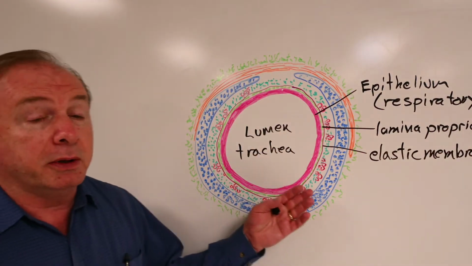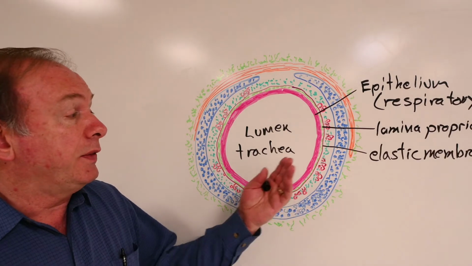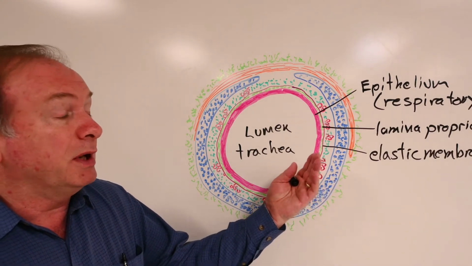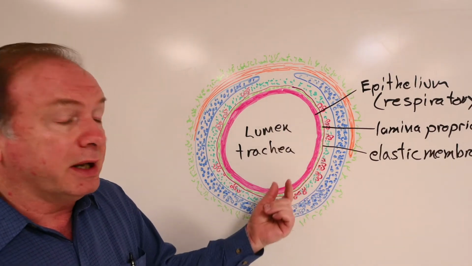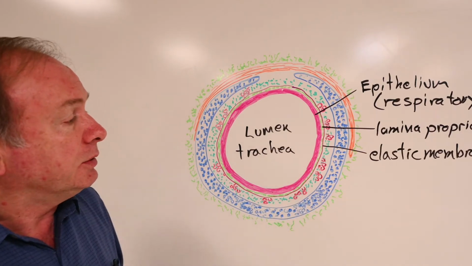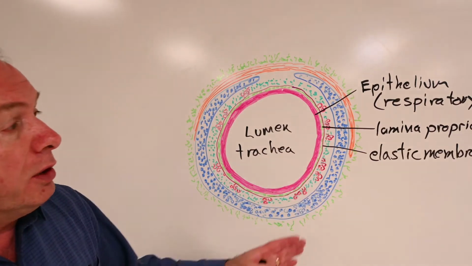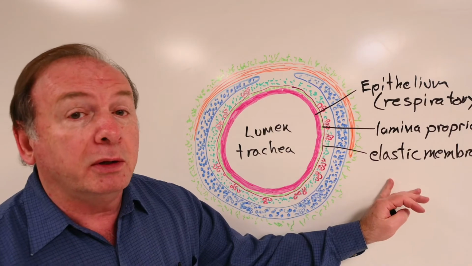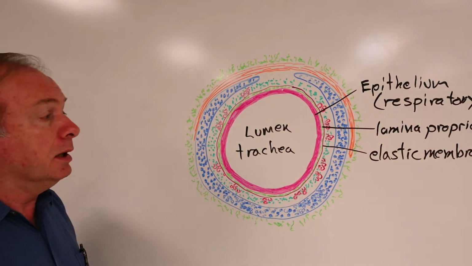Now you'll recall when we talked about the gut layers, that third layer would have been the muscularis mucosa. But here it's a layer of elastic tissue just outside of the lamina propria. Those three layers make up the mucosa layer of the trachea.